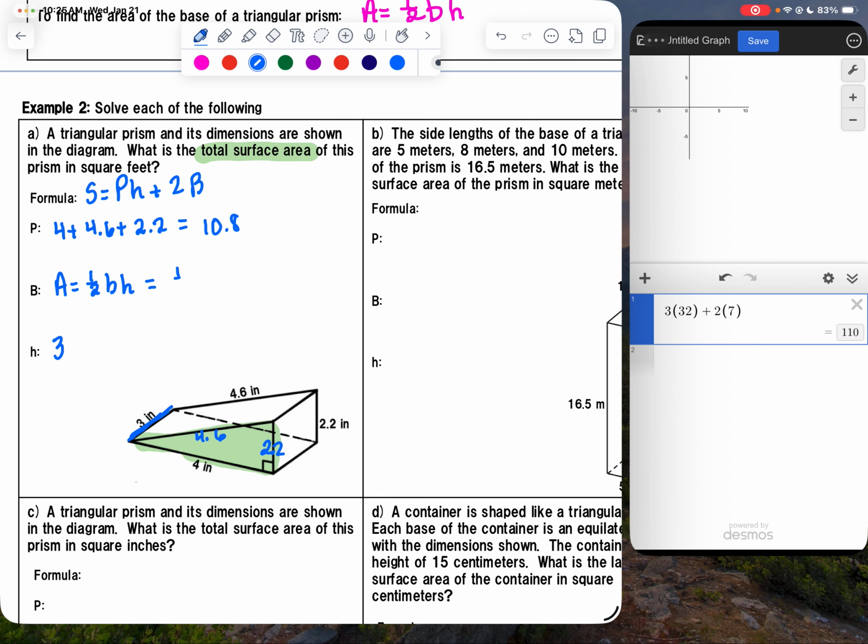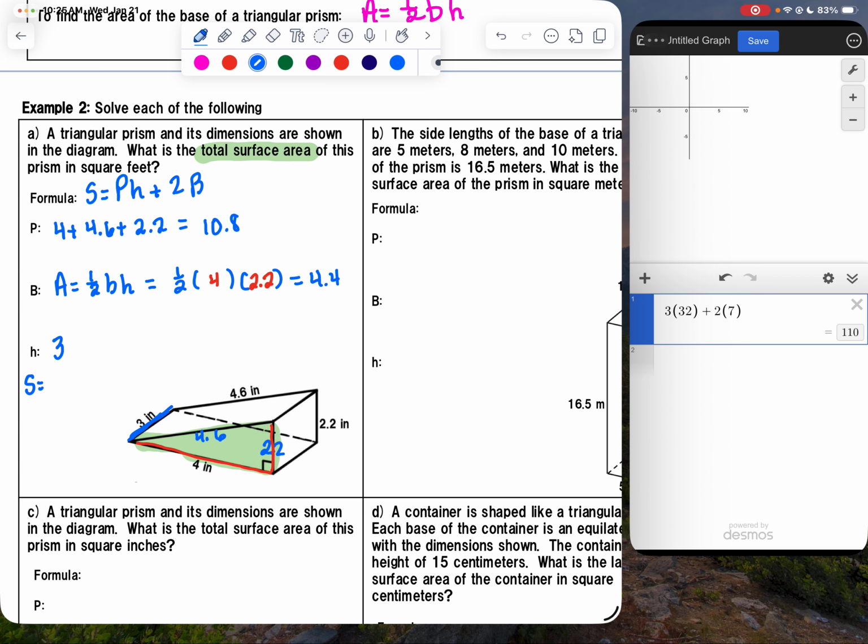So that would be 1/2. The base of this triangle, let me grab a different color, is 4 units. And the height of this triangle is 2.2. So that would be, if I multiply that all together, 4.4.